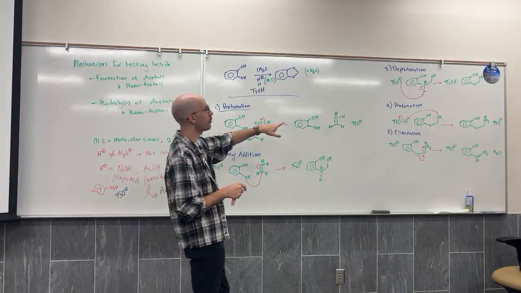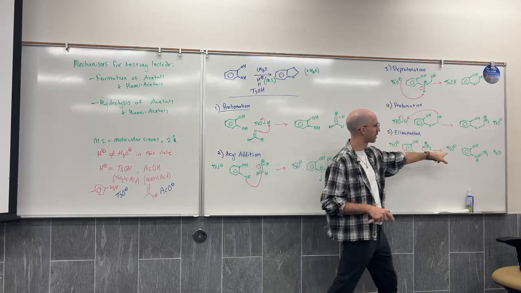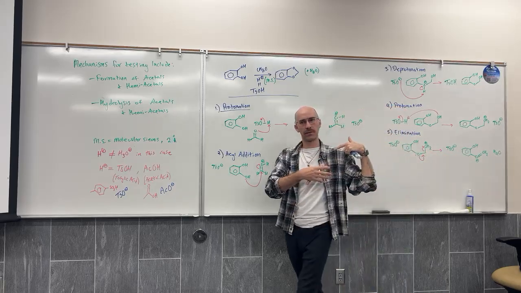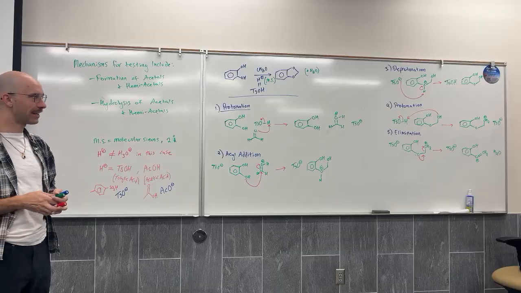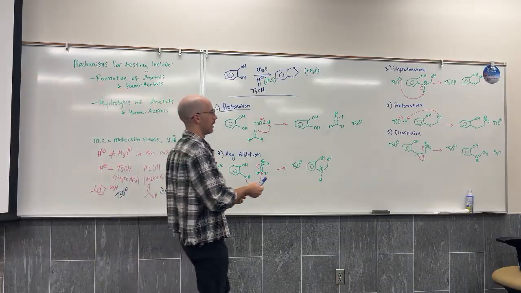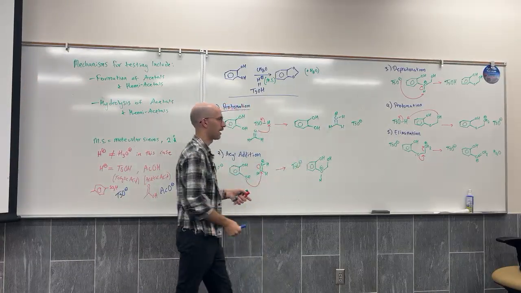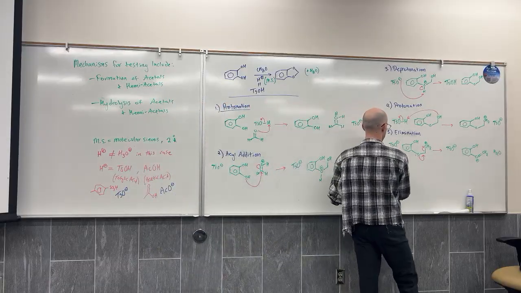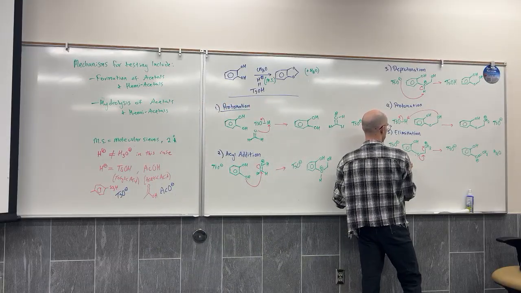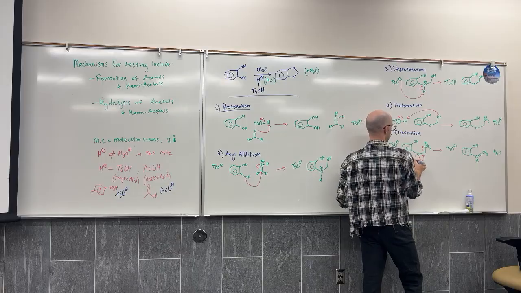Instead of being a protonated carbonyl, it actually looks like an alkylated carbonyl. It's a carbonyl that has an alkyl group going off of it. And if we have an alkylated carbonyl, then much like a protonated carbonyl, it should be easy to do acyl addition. So we see a second round of acyl addition.